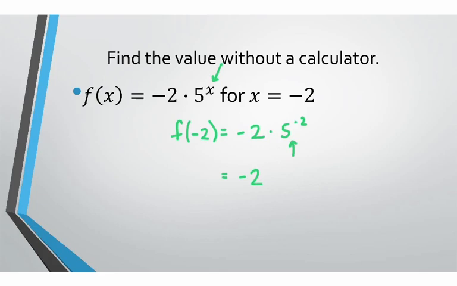Well, we know 5 to the second is 25. The negative exponent does not make it -25. What it does is flip that 25 over. So 5 to the -2 is 1 over 25. And now I can finish up by multiplying and get -2 over 25.